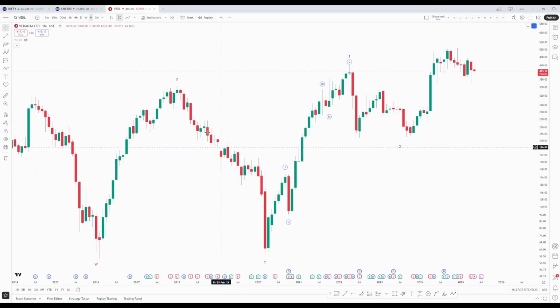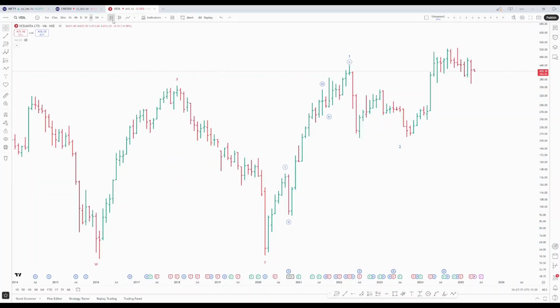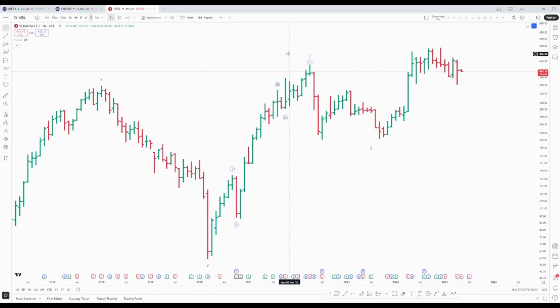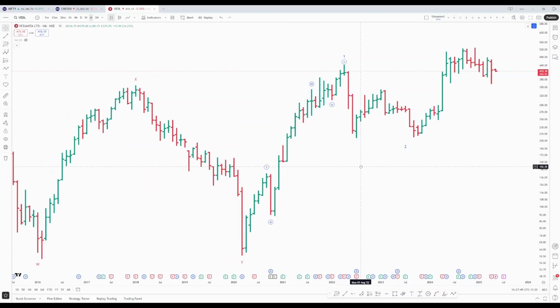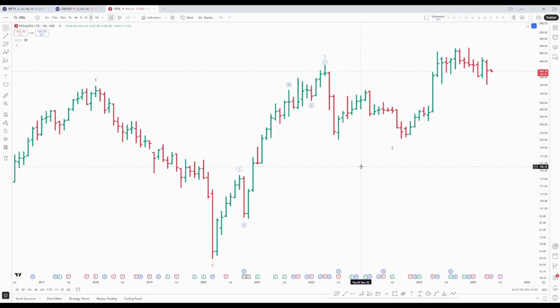Typically I do not use candlesticks, I use bars, because I find bars more clear in conveying what's happening when I'm doing Elliott wave counting. So here you can see this is 1 2, and this is 1 2 3 4 5.